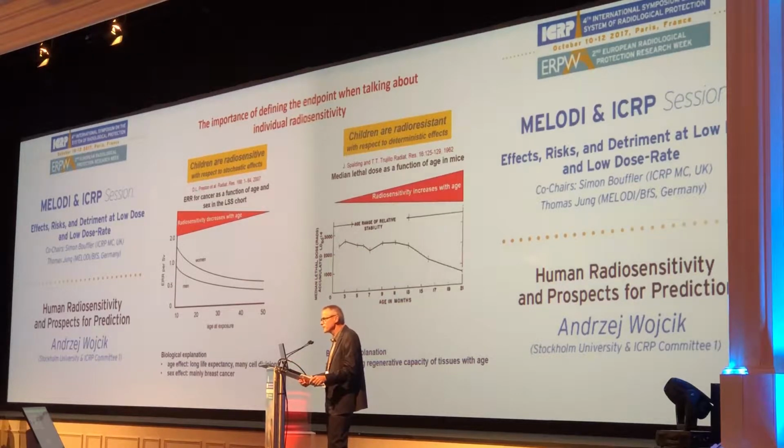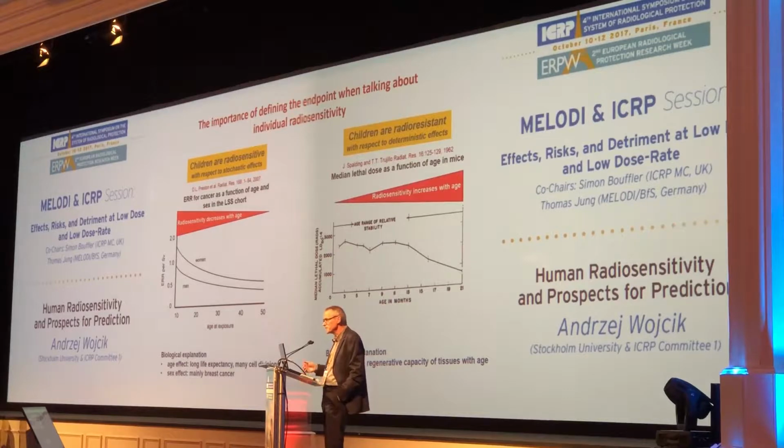A child is very radioresistant, because I can treat a child with high doses. He will develop some side effects, but they will heal immediately. Very radioresistant. So children are radioresistant with respect to deterministic effects, but they are, of course, very radiosensitive with respect to stochastic effects.